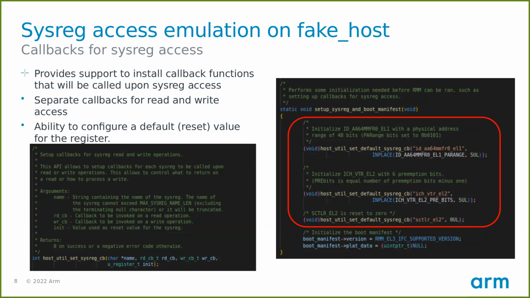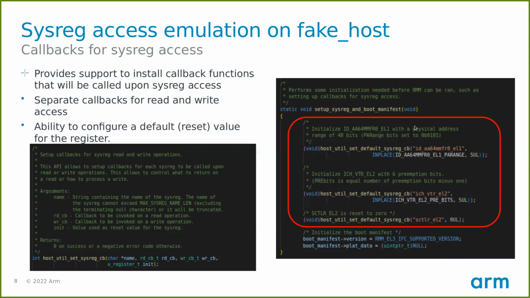There are some other calls, but the main call of this interface is the one shown on the left side. It's called host util set sysreg callback. This API receives as parameters the name of the register that we want to access, a pair of callbacks, one for read and one for write, and a value that will be used as a reset value for that register that we want to emulate.